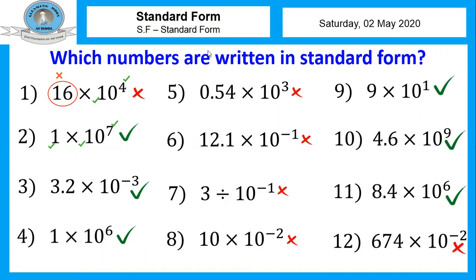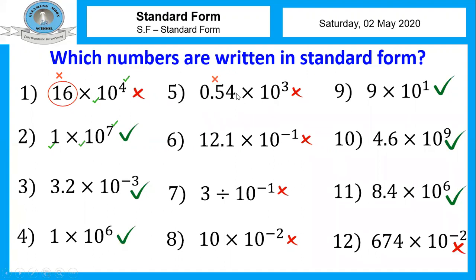Number 5 has 0.54 times 10 raised to the power of 3. Okay, the first thing you ask is, is the number between 1 and 10, 0.54? 0.54 is less than 1, so that one fails.